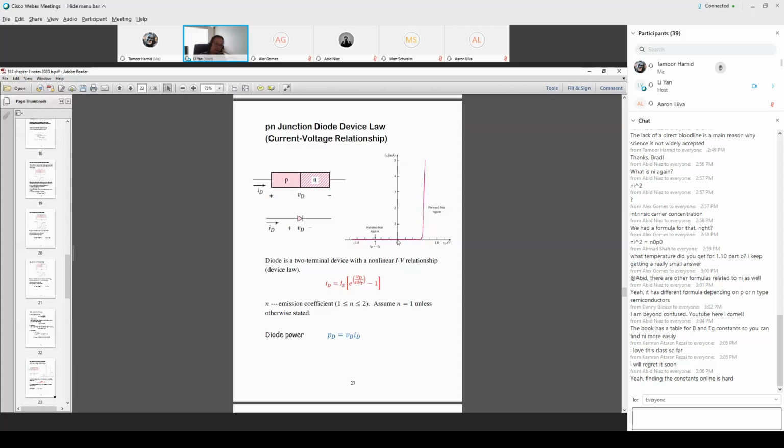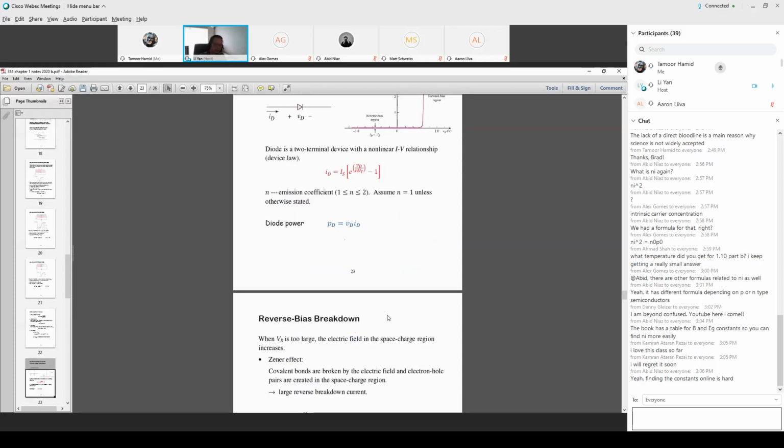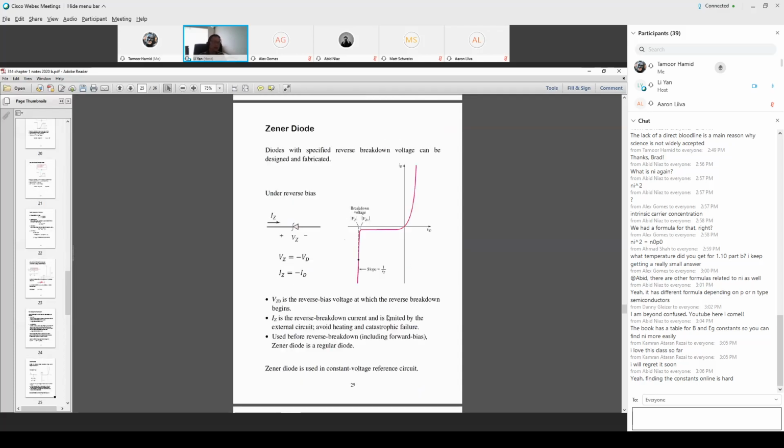At zero, it exactly crosses zero current. Once it crosses zero, the current becomes negative, but just a very, very tiny negative current. Later I will use this graph to show what forward bias, zero bias, and reverse bias look like. Did I answer your question?